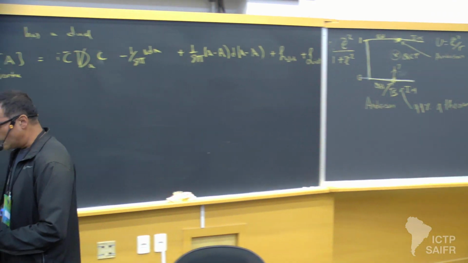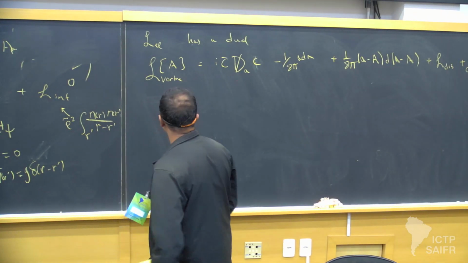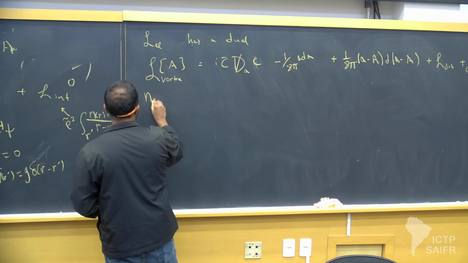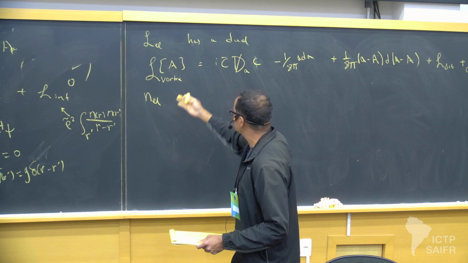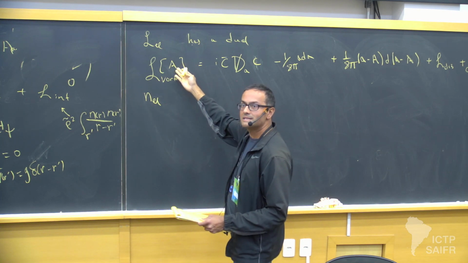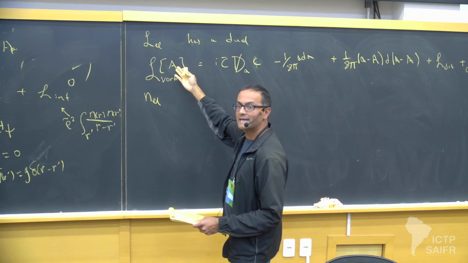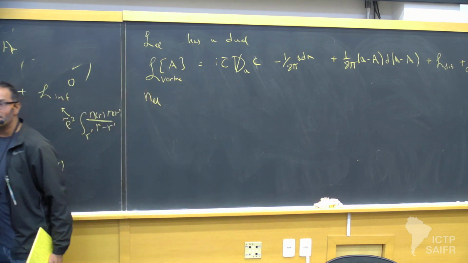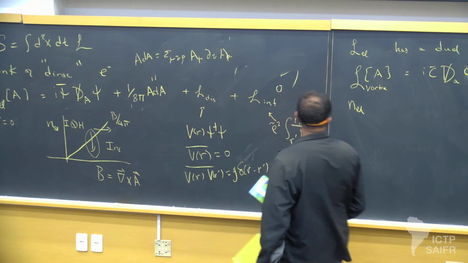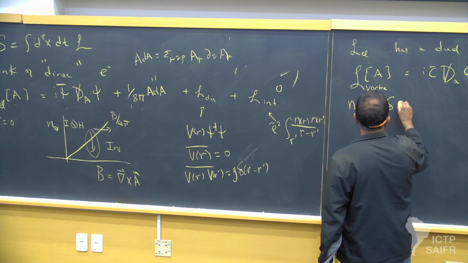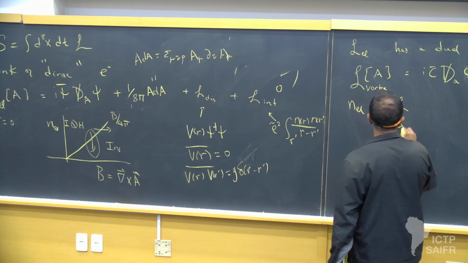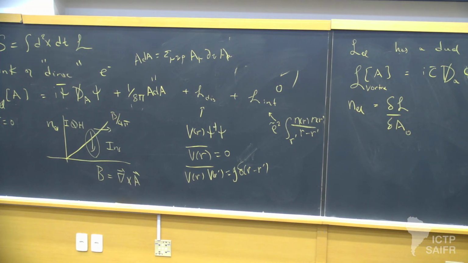Okay, so you analyze this, and we can ask what is the electron density? The fact that it's a dual theory means that you can obtain the density by differentiating this theory with respect to capital A, or this theory with respect to capital A, and you get the same answers. So the electron density is the derivative with respect to the time component of A, which I'll call A0.